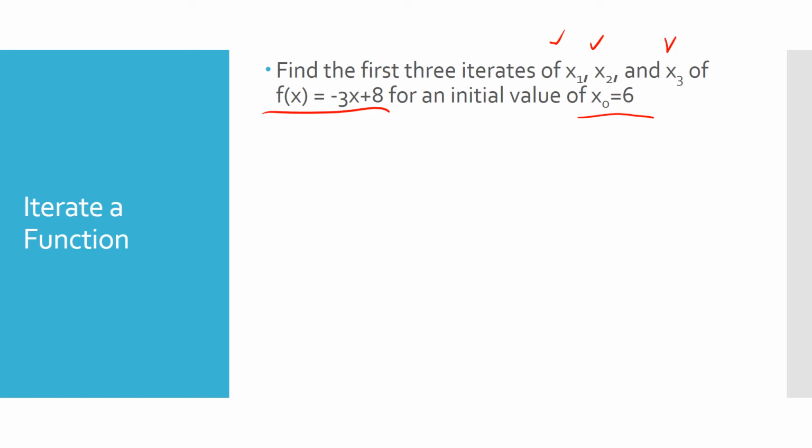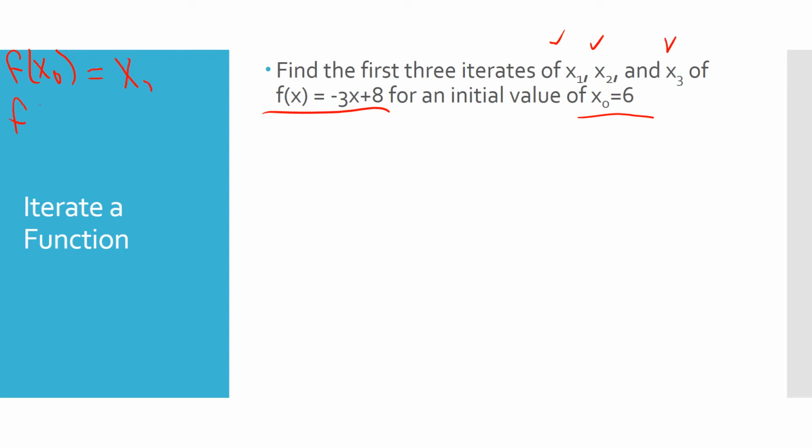We're going to plug this value of x subscript 0 equals 6 into this function equation to find x subscript 1. So think about it like this. f of x subscript 0 is going to equal x subscript 1.